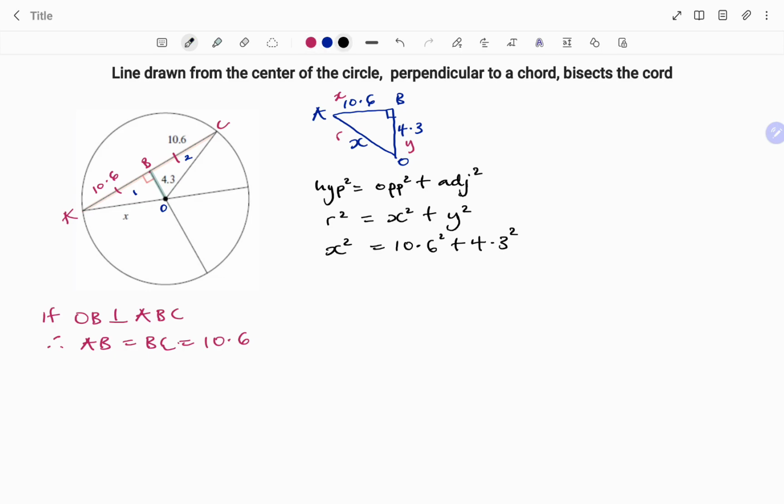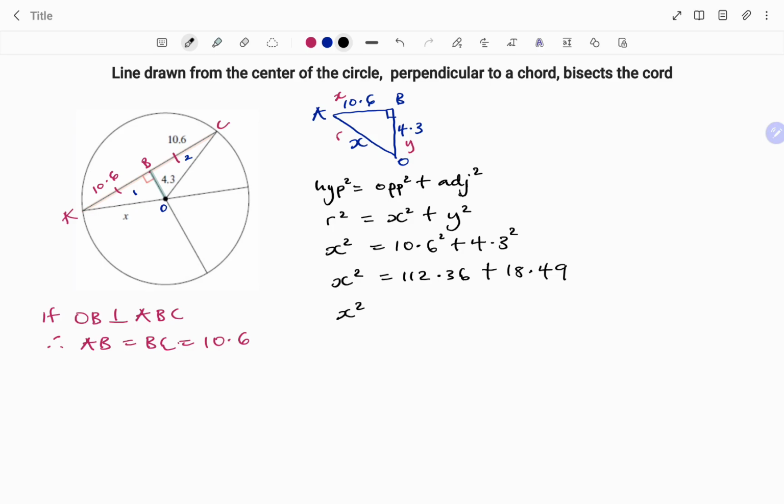Therefore, if I punch that in on my calculator, I'm going to have x squared equals 10.6 squared, that's 112.36, plus 4.3 squared, that will give me 18.49. Note that all my calculation is to 2 decimal places.